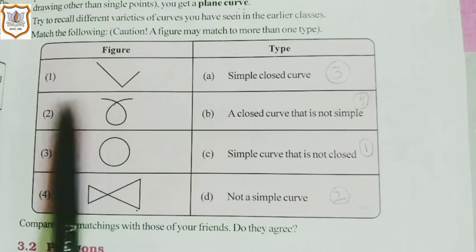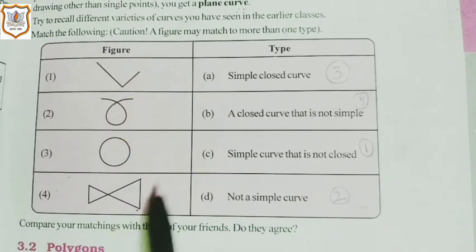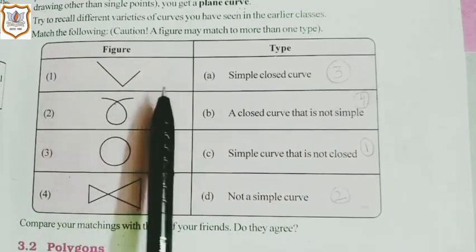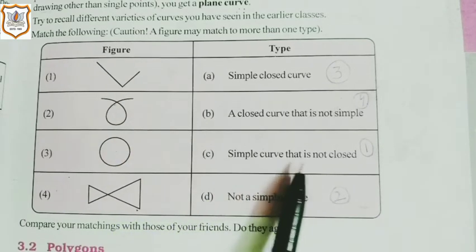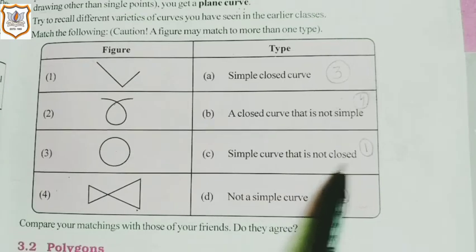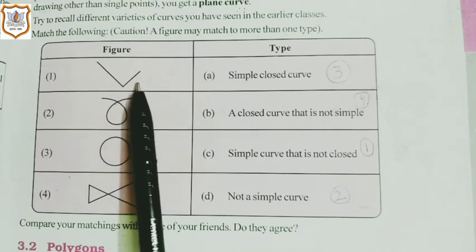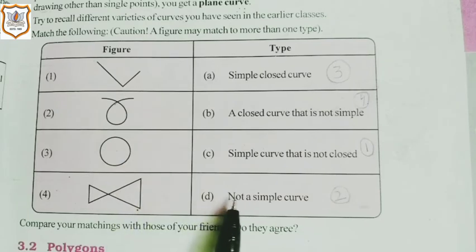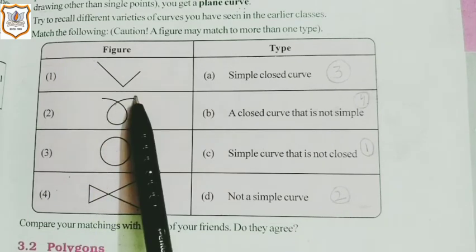Students, look at here. Match the following. There are some figures and types. The first figure is matched with simple curve that is not closed. You can see that this is a simple curve but it is not closed. Second is not a simple curve because it intersects itself.